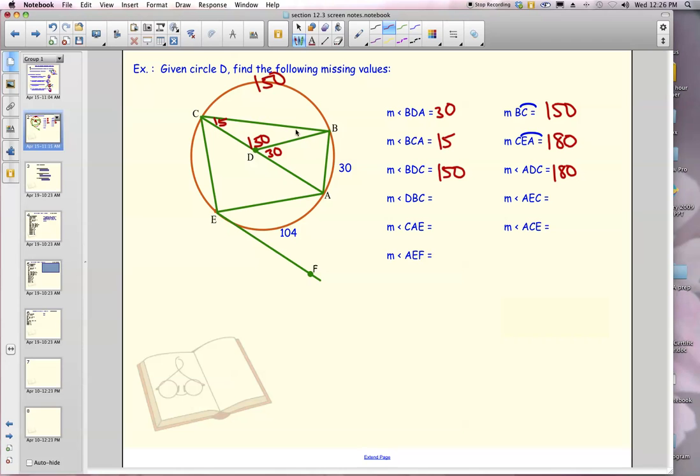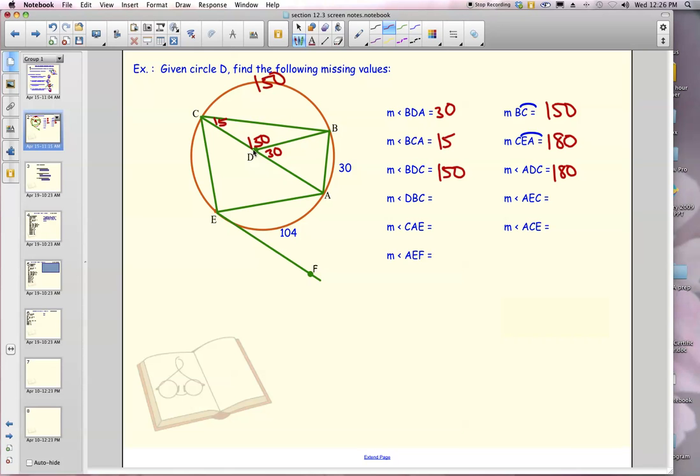Angle DBC, that would be this one right here, this little one. Now this one's going to be a little bit trickier because it doesn't form an actual angle that goes with the circle. It's not a central angle, it's not an inscribed angle, but what you see here is a triangle.